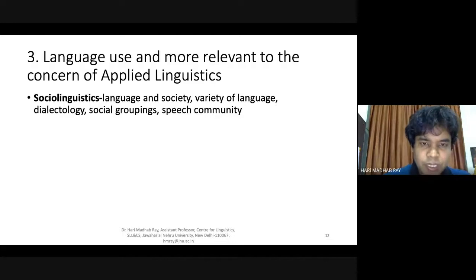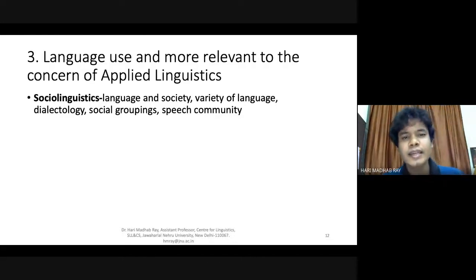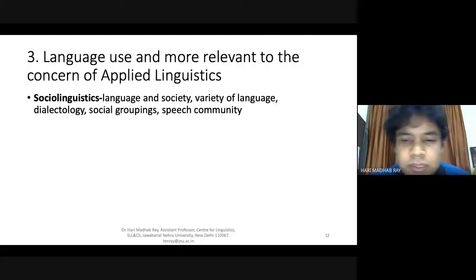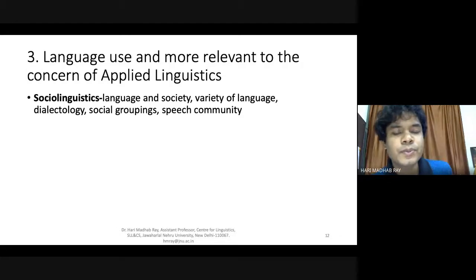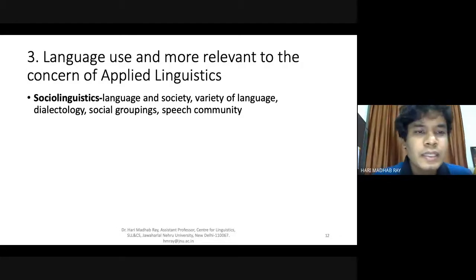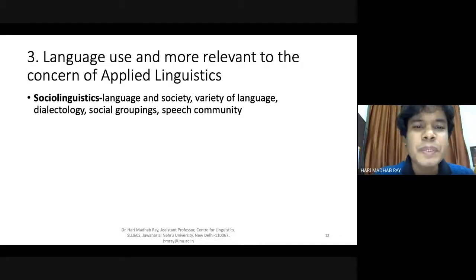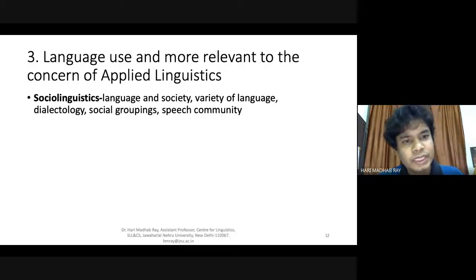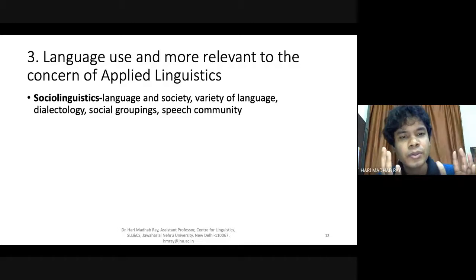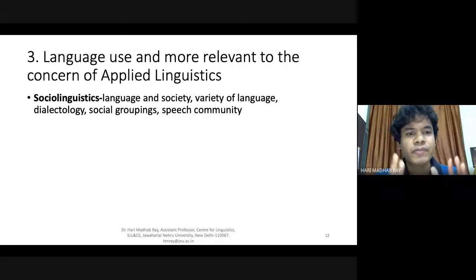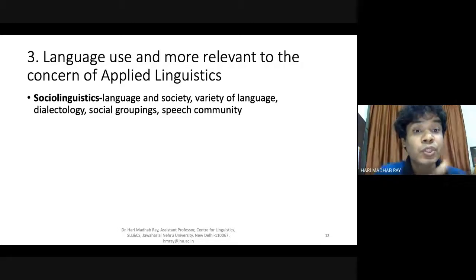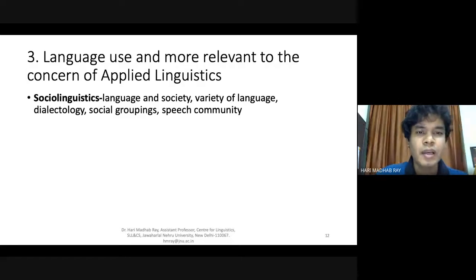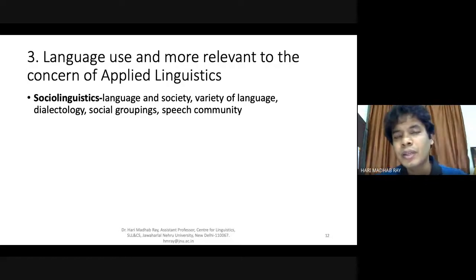Later on, we understood that there are many cases where language use cannot be ignored. And this is the discipline, if you remember, that people like William Labov and many others brought into the picture. Within the formalist schools also, some people argued for fields like sociolinguistics, that yes, you cannot ignore language use.